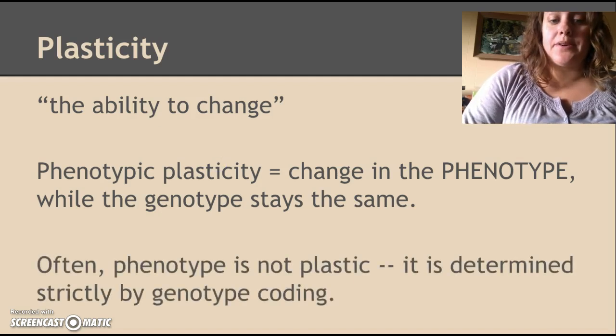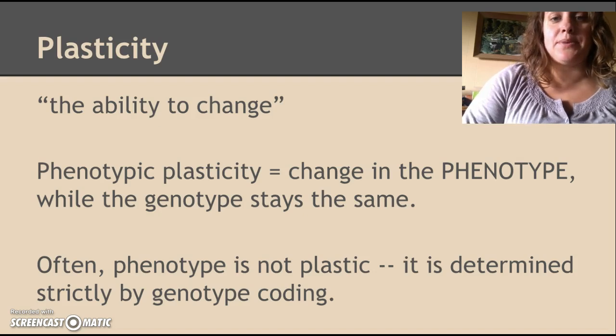Often phenotypes are not plastic. That means that if you're going to see a different phenotype, it's because the genotype is also different. And so when we're talking about phenotypic plasticity, we're talking about something that's outside of those traditional inheritance patterns. And we're seeing the same genotype, but different ways for that genotype to be expressed.